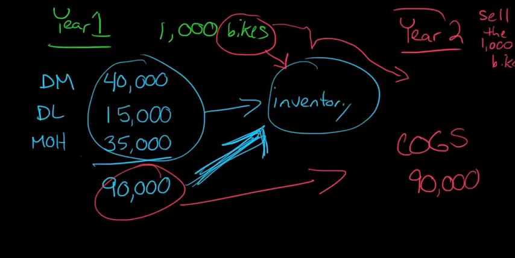But then in year two, when we sell the bicycles and the bikes go out of the firm, the costs end up in a thing called cost of goods sold, which is ultimately deducted from revenue. So it's kind of like an expense, and we're expensing these costs through cost of goods sold, and they're going to leave the firm.